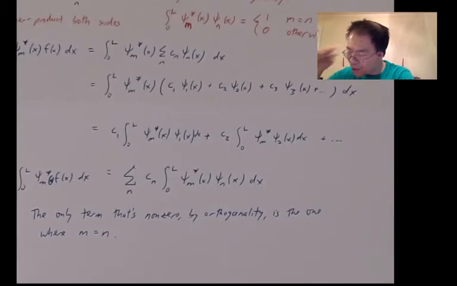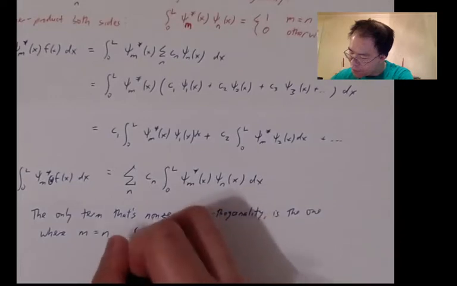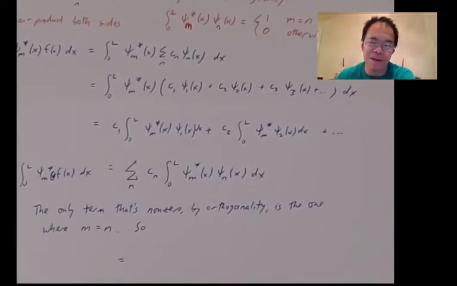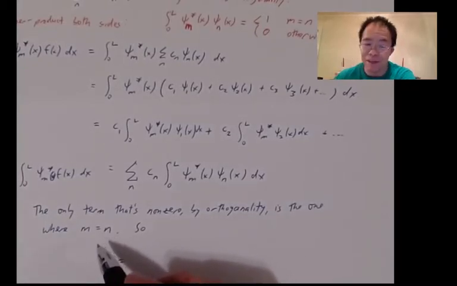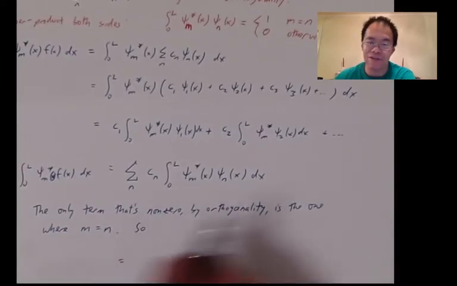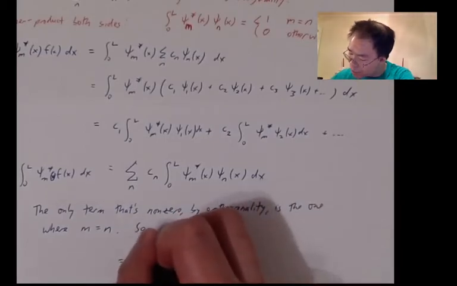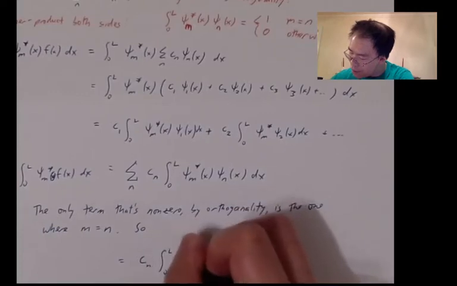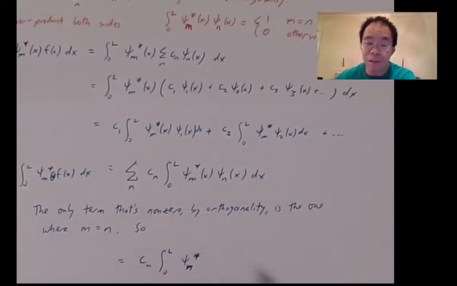So this lets us simplify. I'm going to write everything in terms of n now because that's the index we're probably looking for. But m equals n, out of the stuff that survives, so I'm allowed to do that. So we have one surviving term, c sub n times the integral from 0 to L of psi n star psi n of x dx, because I'm assuming this equality here.